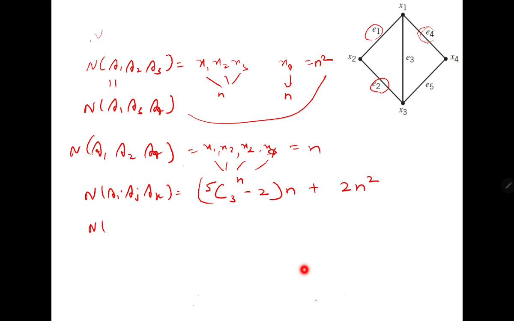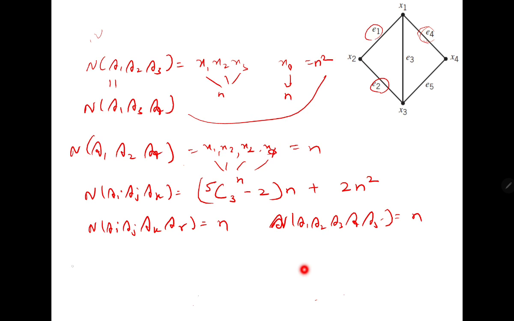If I choose n of ai, aj, ak and ar, then any 4 edges you choose cover all the vertices, so n choices. And similarly n of a1, a2, a3, a4, a5 again would have n choices.